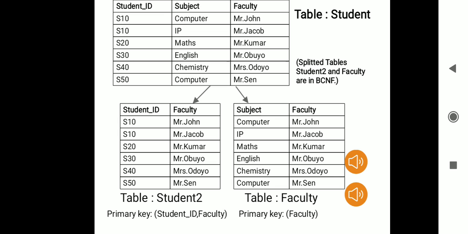Finally, after the table student gets split into two different tables, student 2 and faculty, no non-key attribute determines a key attribute in those two tables, and the anomalies are eliminated. As a result, these two split tables, student 2 and faculty, are in Boyce Codd Normal Form, in short BCNF.